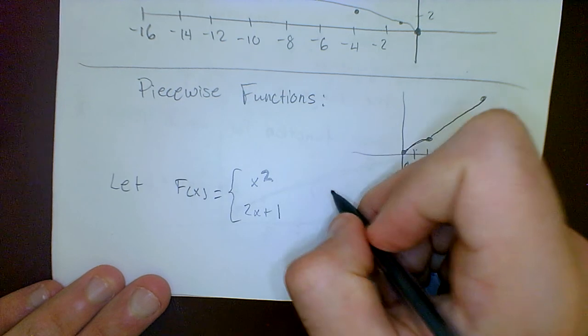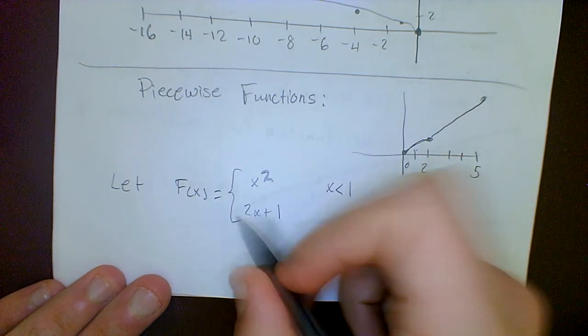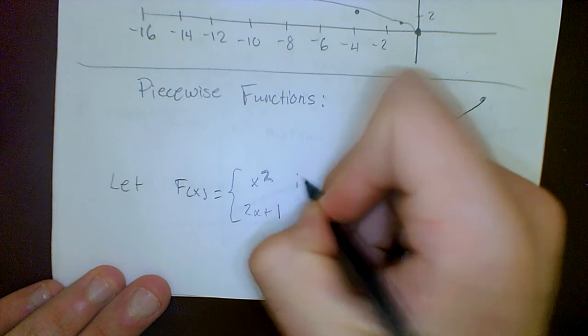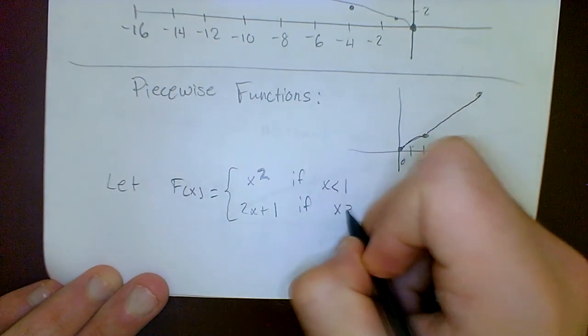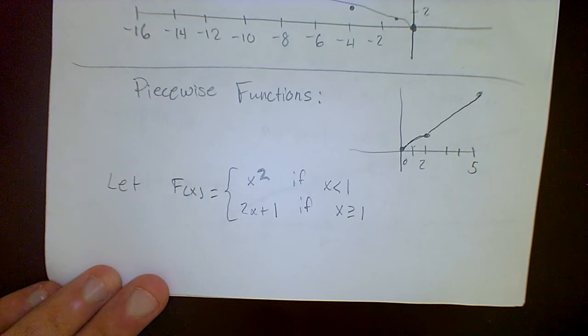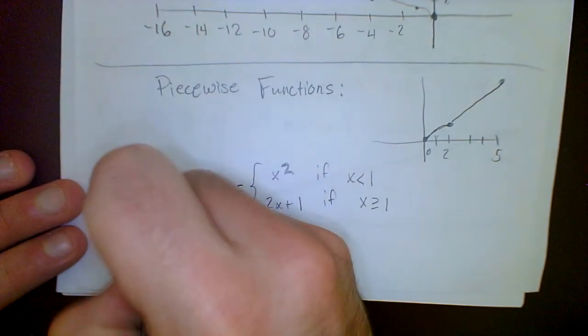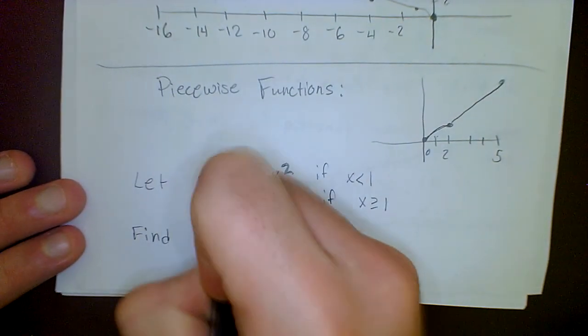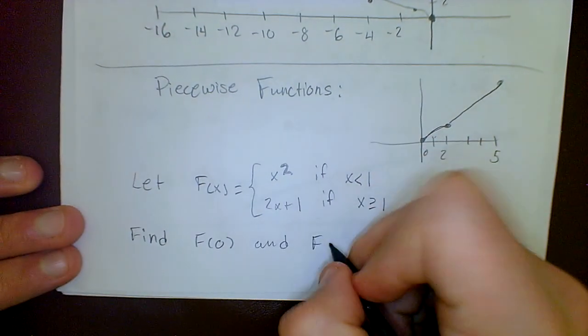So it's x squared if x is less than 1, and 2x plus 1 if x is greater than or equal to 1. Okay, so it says find f of 0 and f of 2.